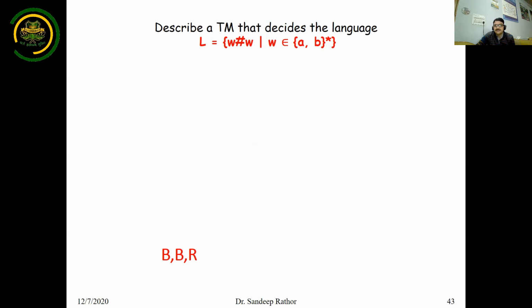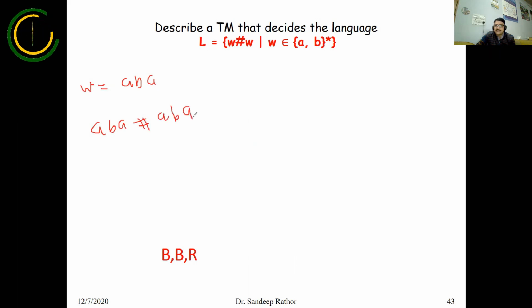W hash W means if W is ABA, then the string ABA hash ABA must be accepted by the designed machine. Because this is W and again this is W. These two things are the same.